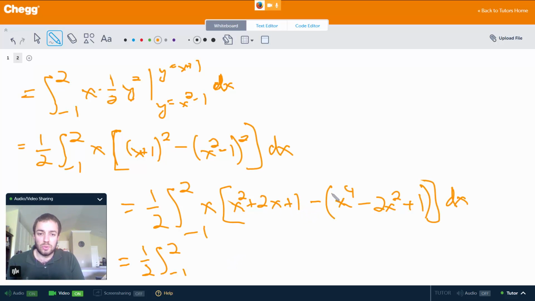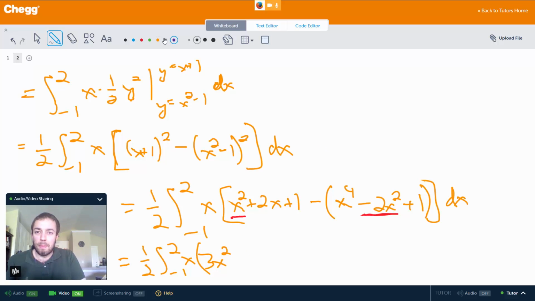So if we want to distribute the minus sign, then what we're going to have here is x squared, blah blah blah, minus -2x squared, so that means x squared plus 2x squared, which is going to be 3x squared. Okay, so that takes care of the x squared and the minus 2x squared. And then we also have plus 2x, and there are no other x terms over here. Oh, sorry, don't forget the x out here. So we have x times all of that.